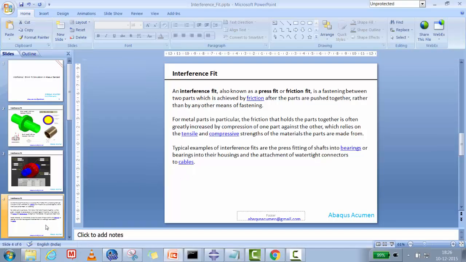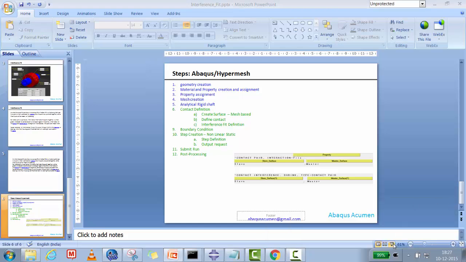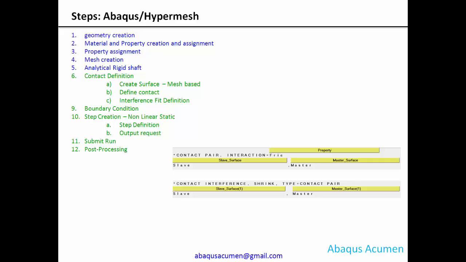So we are going to solve this problem in Abaqus Standard. For the preprocessor we are going to use Hypermesh. Here I define the steps. We'll create the shaft geometry and bushing geometry, assign metal properties, and do mesh creation.